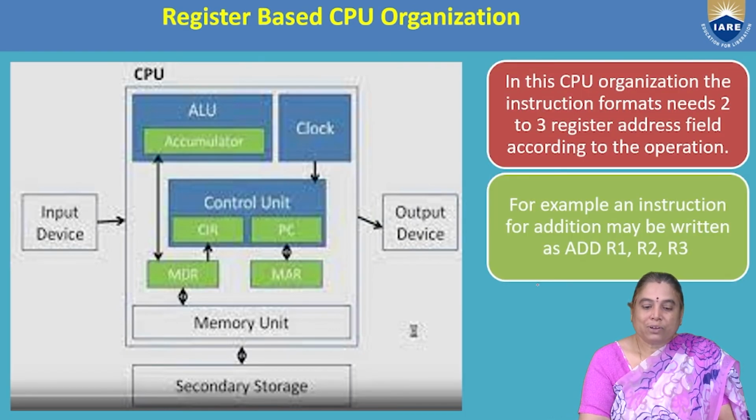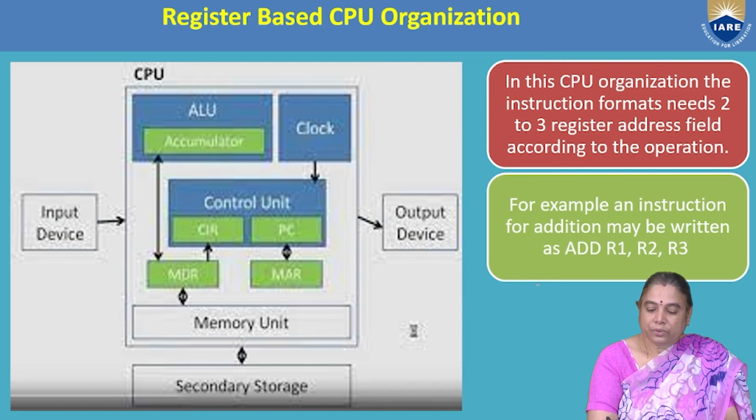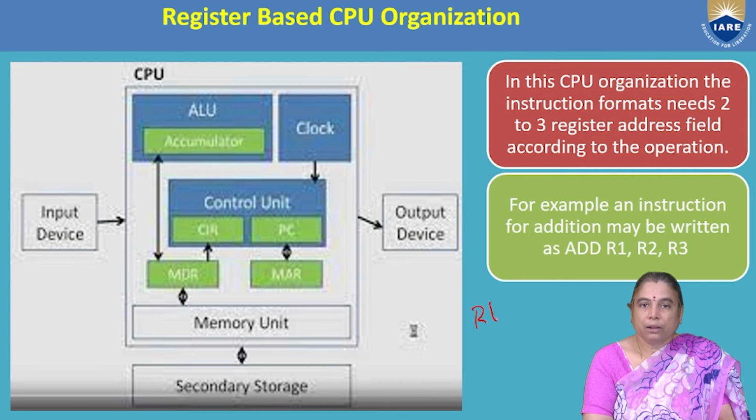The first type of organization is register based CPU organization. Here the CPU general purpose registers can be used in order to store the operands of the arithmetic operations. For example, general purpose register R1 can hold the first number.